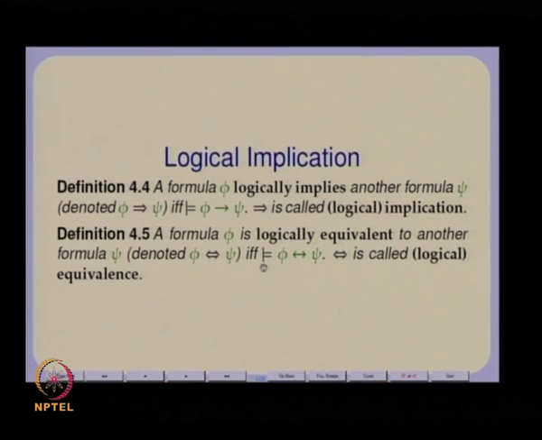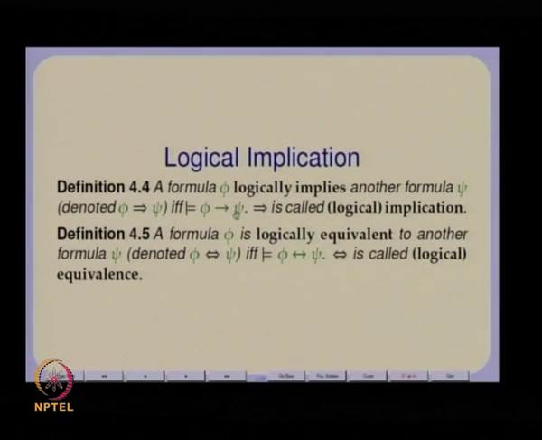Okay, right. More importantly, let us come to the notion of logical implication, and here is where it is important to distinguish between what I write and what most books use. So there is a notion of logical implication, which is denoted phi implies psi.